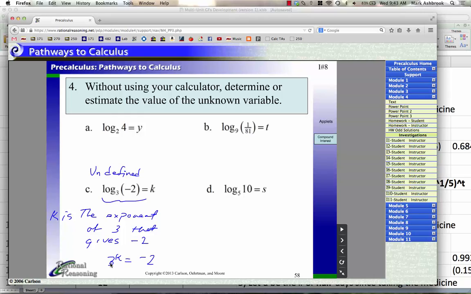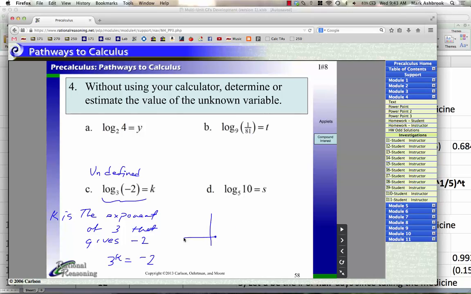What if they put a negative sign and put decay in parentheses and then put a negative outside of it? No, it doesn't matter. It doesn't matter what exponent you have. You raise 3 to any exponent, negative, 0, positive, big, small. You can't get a negative value.